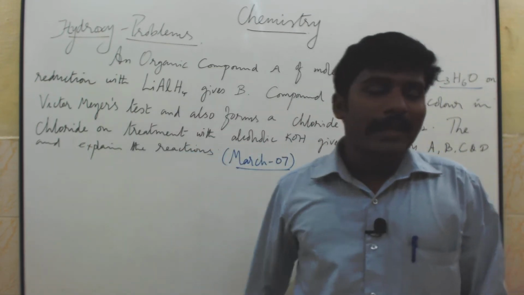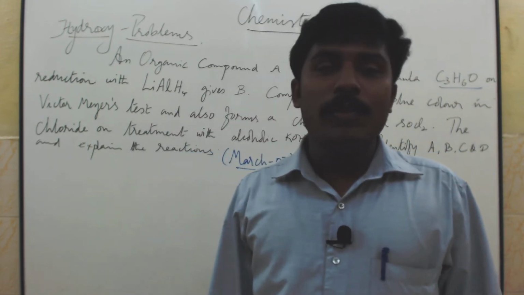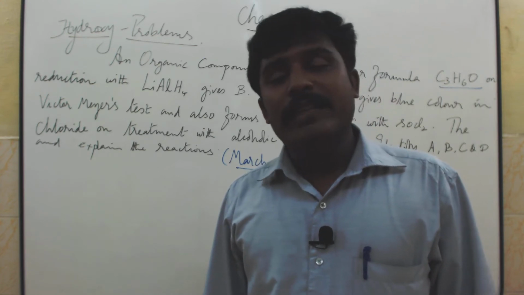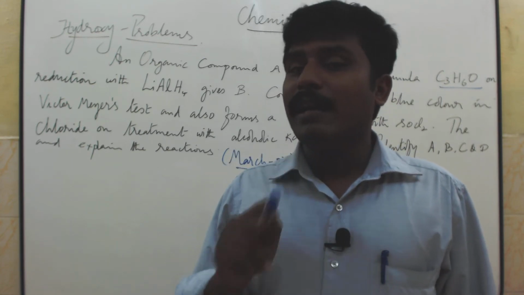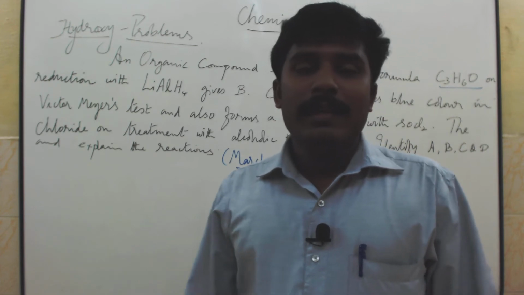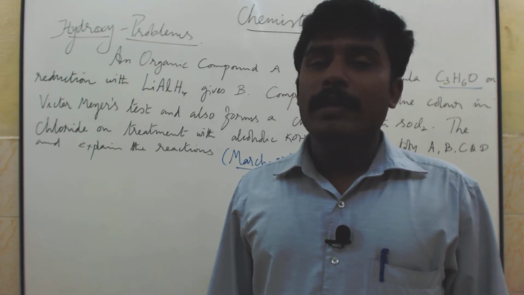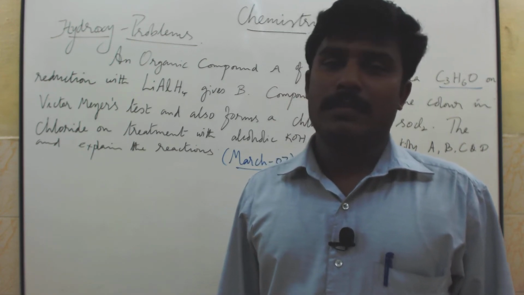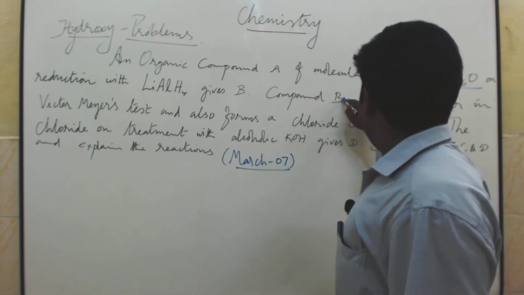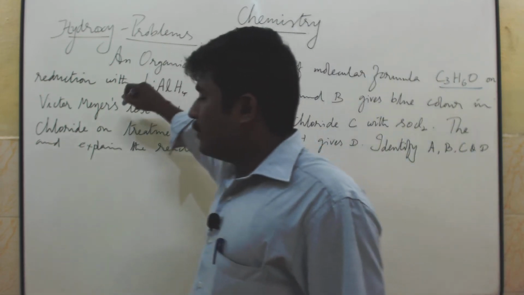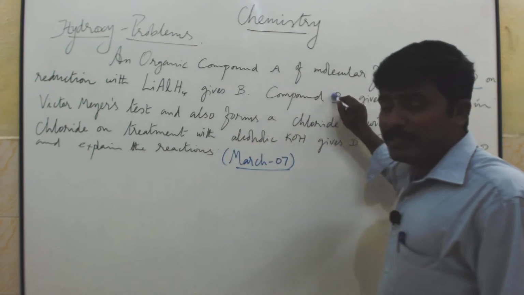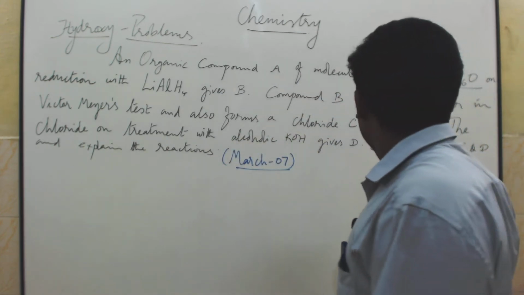You know what the Victor Meyer test is? Which compound gives the blue color? In the Victor Meyer test, primary alcohol gives red color, secondary alcohol gives blue color, tertiary alcohol gives colorless. So compound B gives blue color, which indicates compound B must be a secondary alcohol.